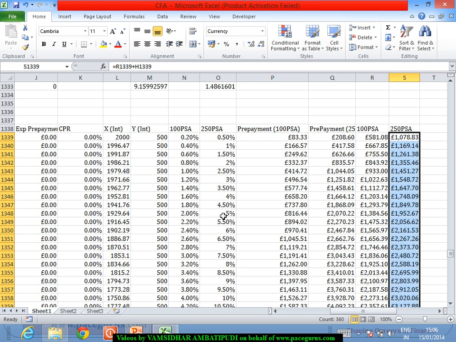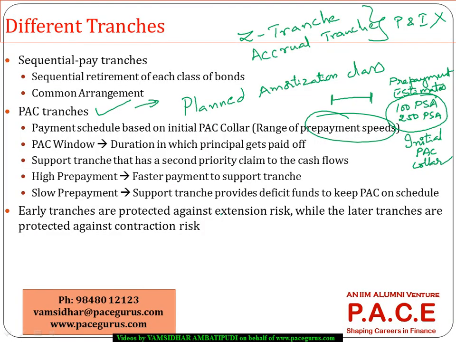And what we are saying is, as a part of prepayment to the PAC tranche, we will minimum assure the lower of those two values, which means people can very well be assured of what kind of payments they are going to receive out of this. And this can very well comfortably happen because of a support tranche. Every PAC tranche will have a support tranche which has a secondary priority.